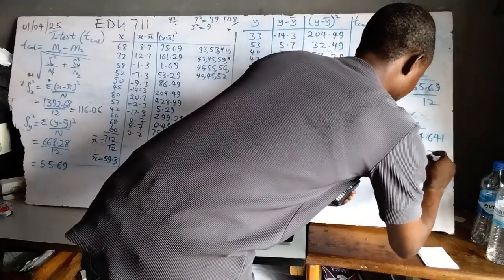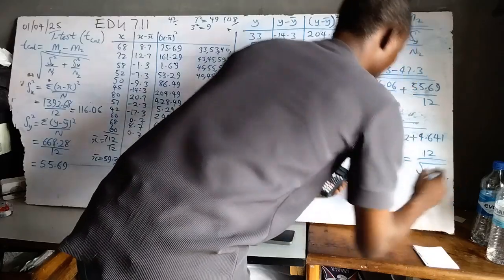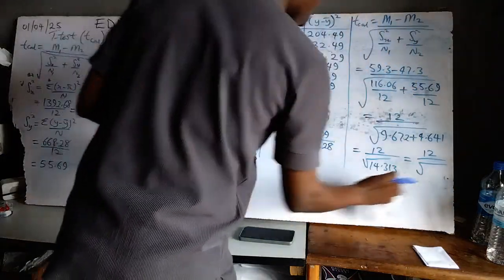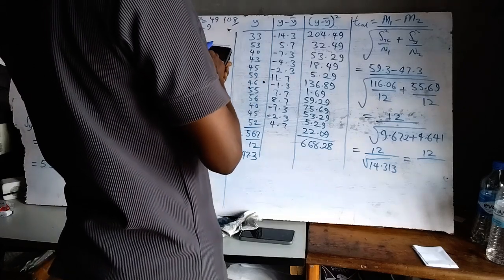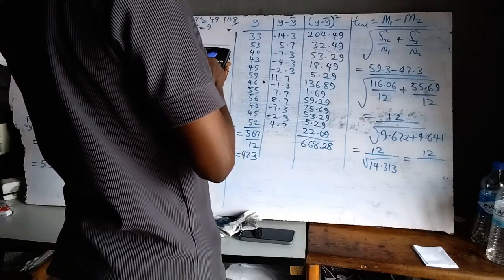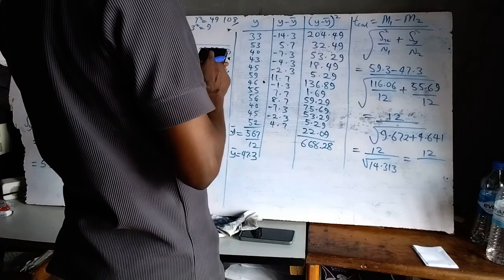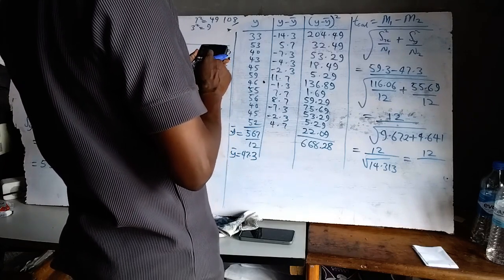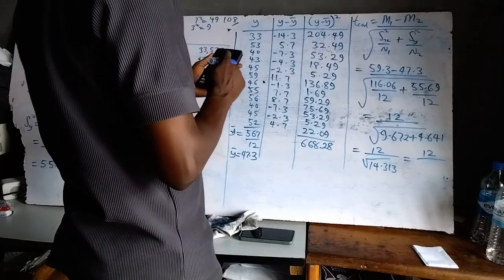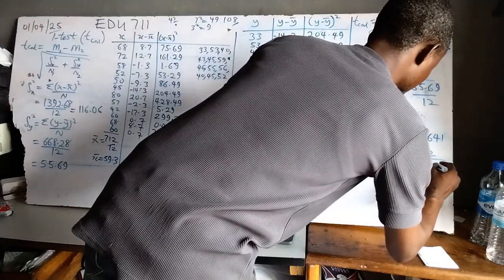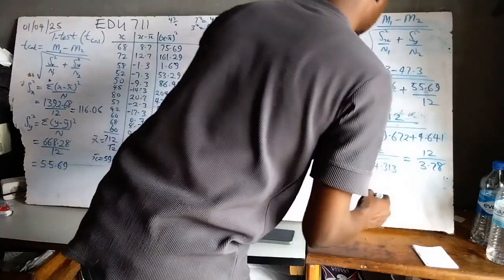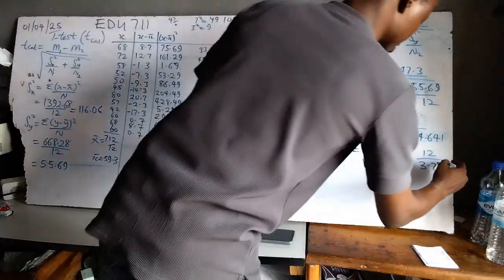This is equal to 12 divided by the square root of 14.313. The square root of 14.313 is 3.783.